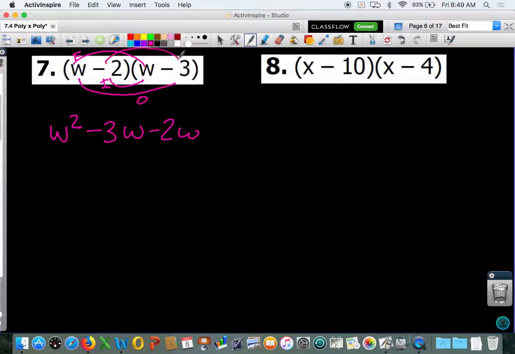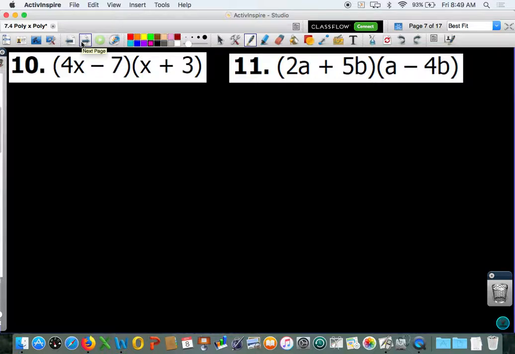My L, negative 2 times negative 3 would give me positive 6. I've now multiplied everything, so now I need to combine my like terms. Negative 3w minus 2w, so w squared minus 5w plus 6. That would be your final answer. Number 8 will be done the exact same way.